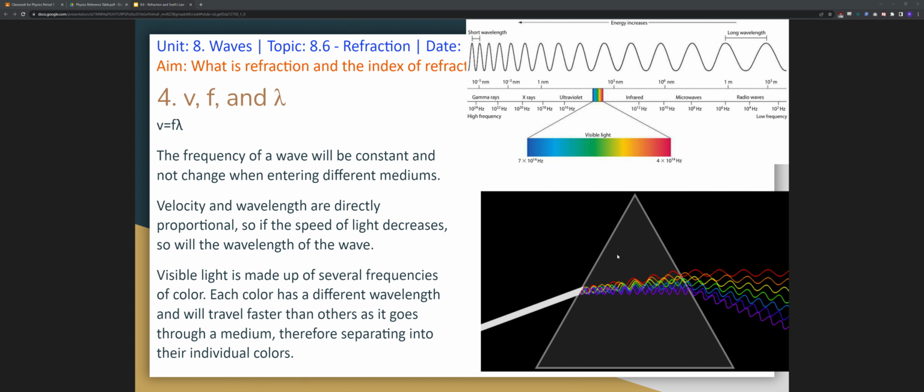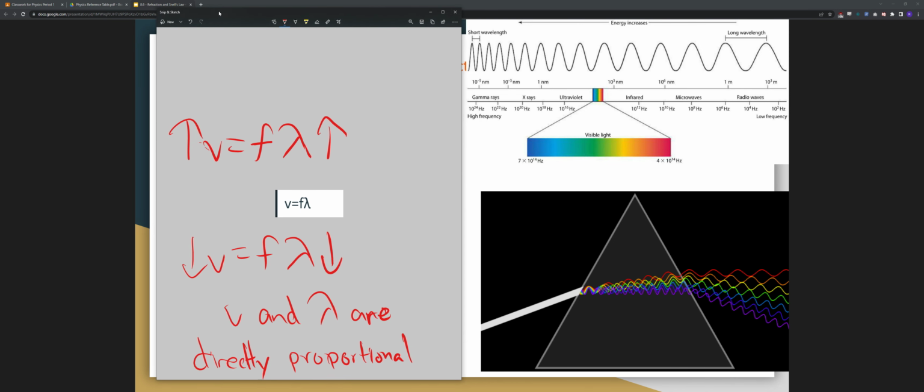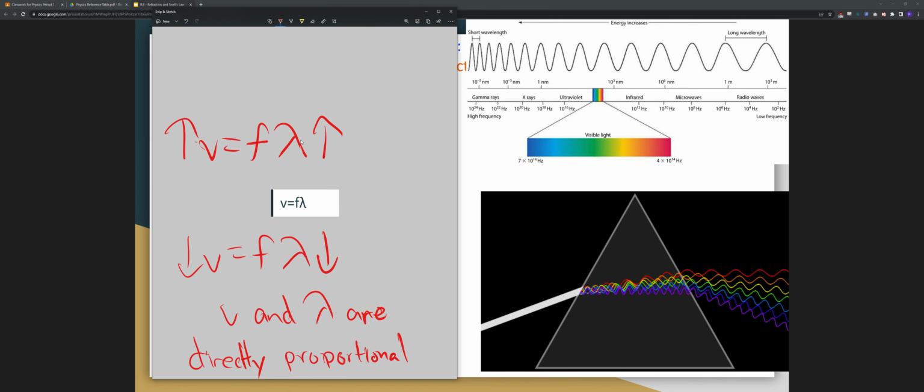Because each color has a different frequency, white light separates into each color that makes it up, which is what you see happening here. Each of these waves has a different frequency, so each has a different wavelength and a different velocity, and you see them separately.